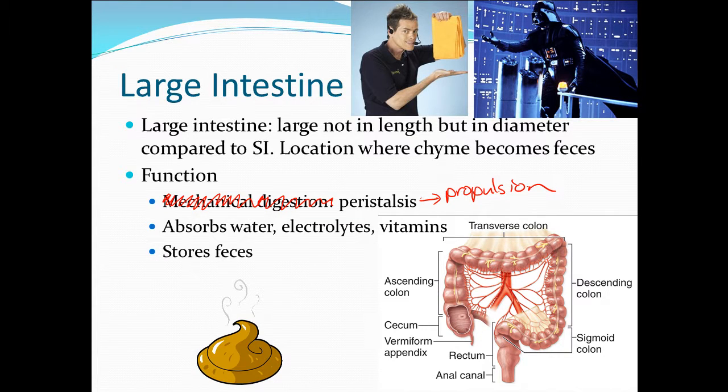Okay, so when it does absorption, it absorbs these things here, and it stores the feces. It stores the feces as well, so that we could potentially go number 2 when we want to go number 2. Okay. And this is also done by having both the inner anal sphincter and the outer anal sphincter contracted until it gets full.